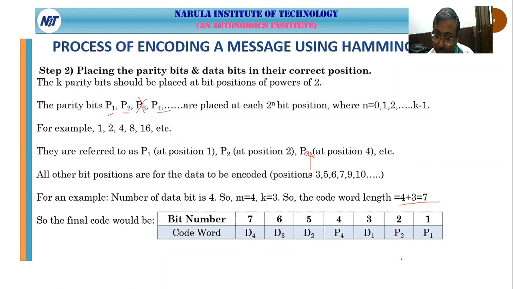It should follow some general rule. And this rule should be known by both the sender and the receiver, because if the rule is not the same, then a bit error will occur. So both the sender and the receiver should follow the same rule for determining the value of P1, P2, and P4.